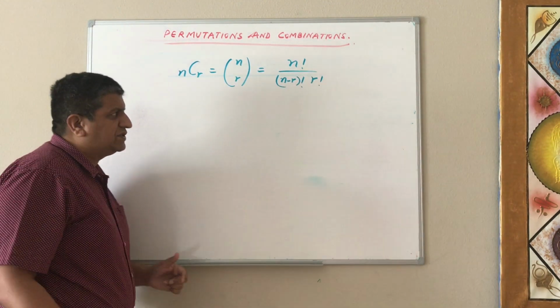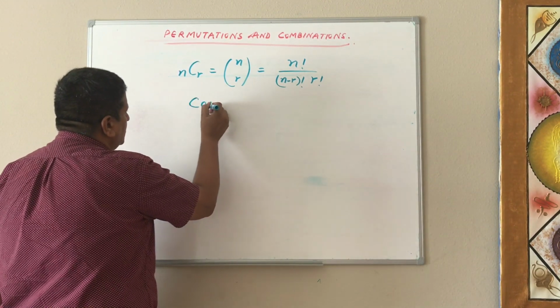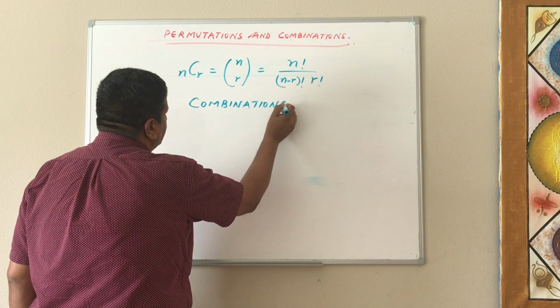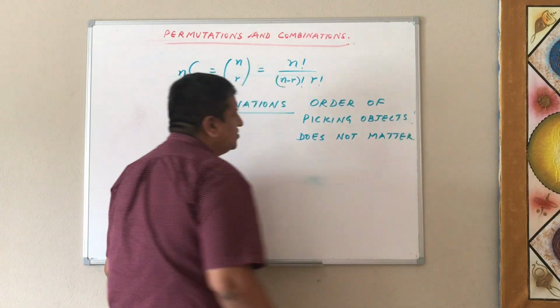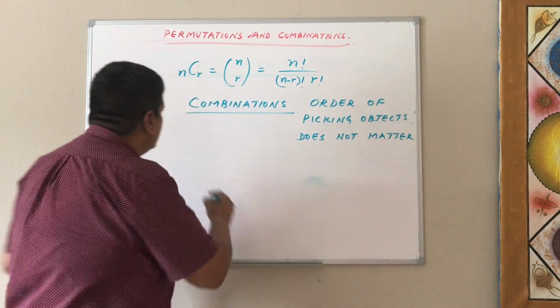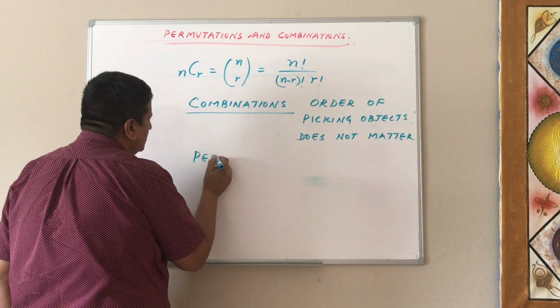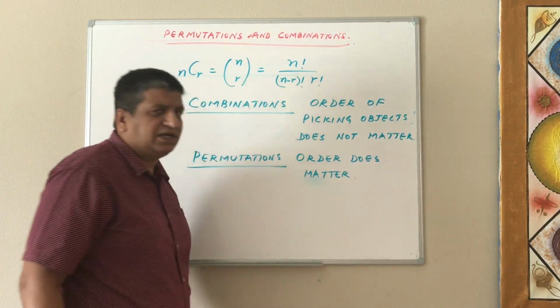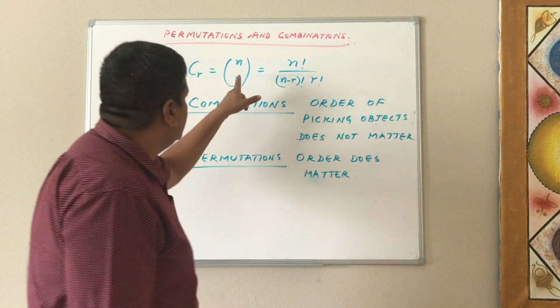Now where do we use combinations? Combinations are used where ordering does not matter. In permutations, the order of things does matter: who comes first, who comes second, and who comes third. And here is the formula.